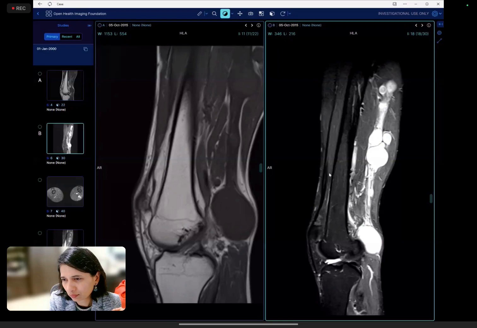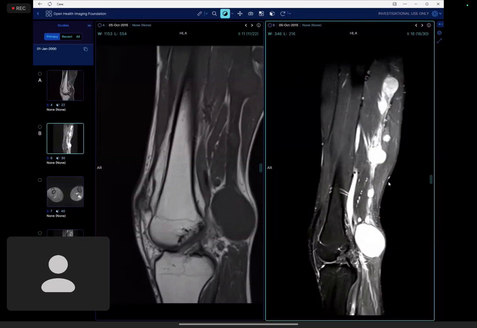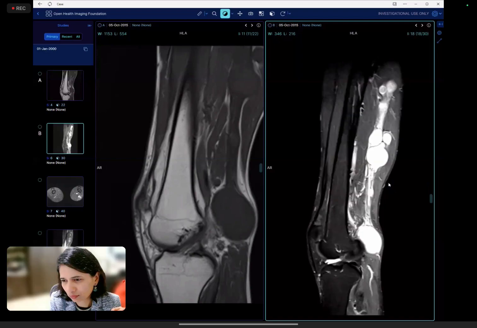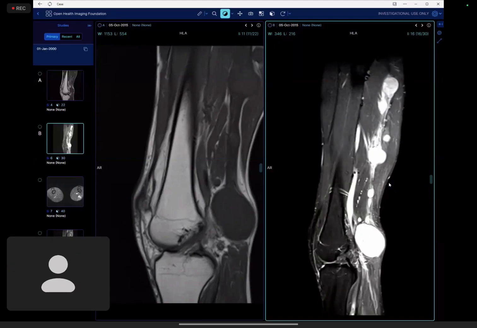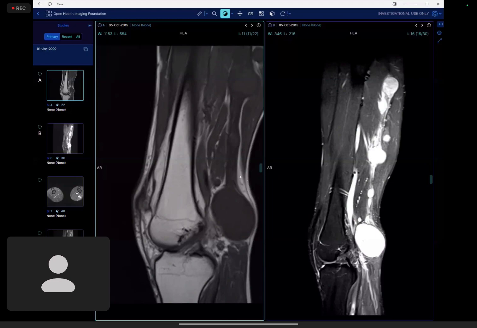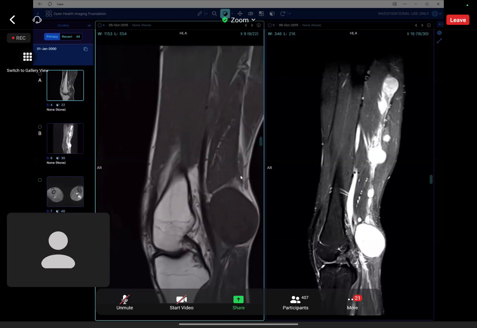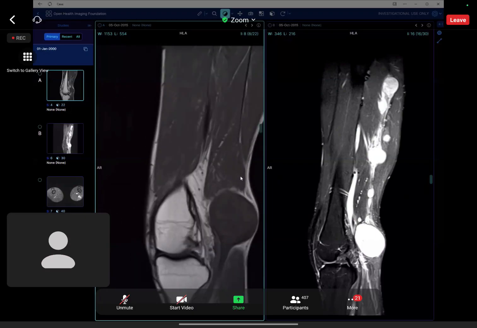The popliteal artery is anterior to the lesion, separate from it. These lesions are isointense to muscle on T1 and hyperintense on T2 fat suppressed images. Are there any post-contrast images available?